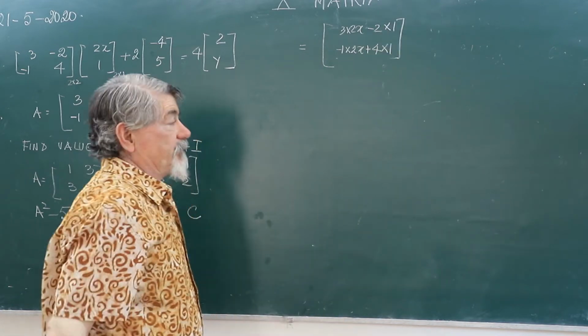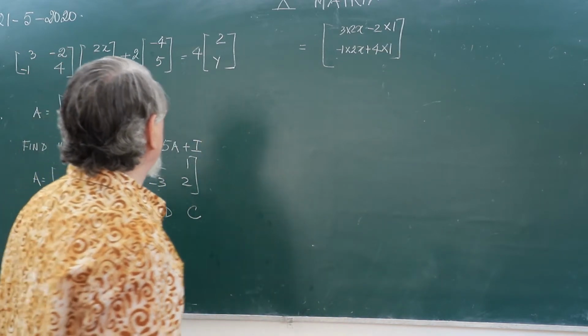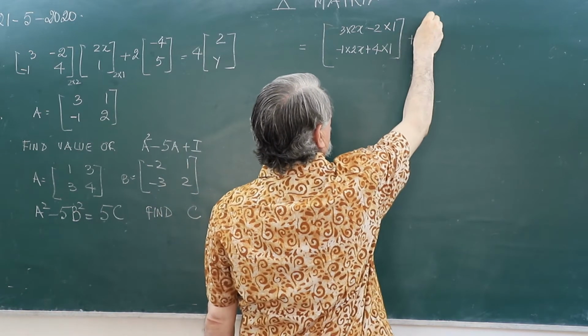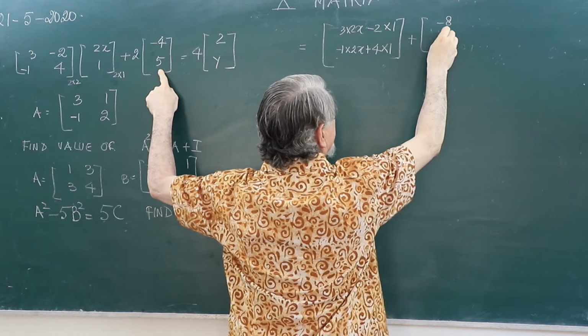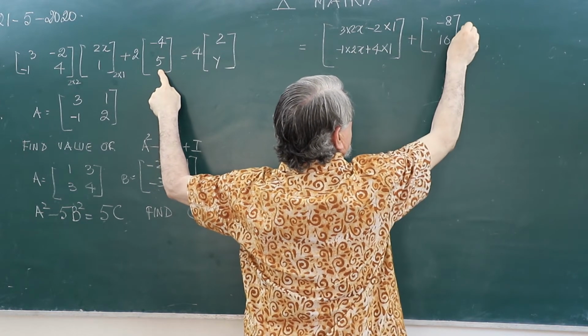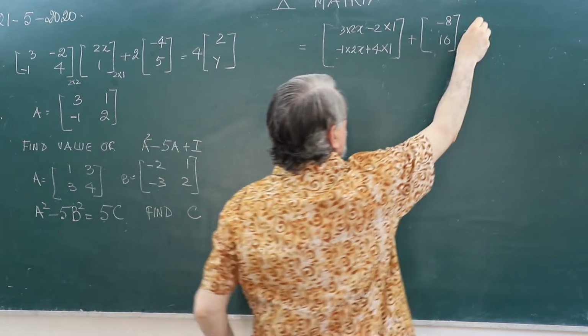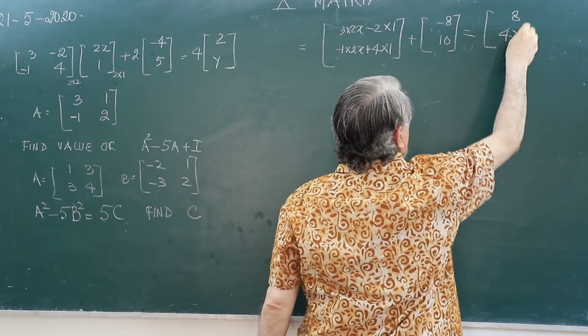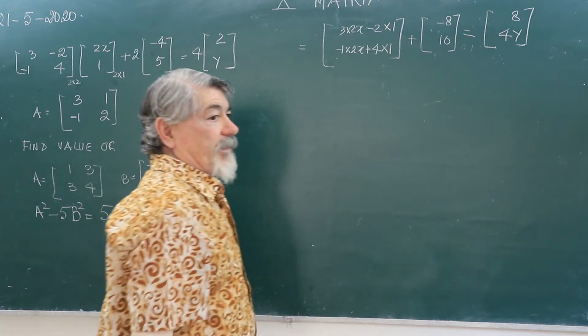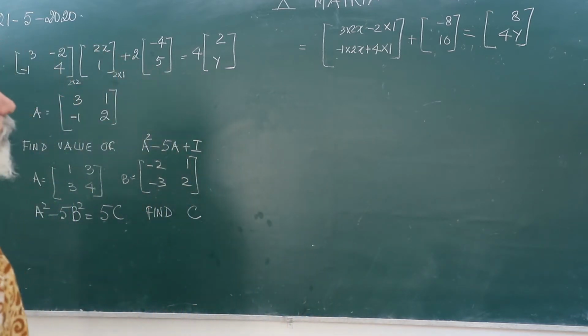So we get this matrix. Then plus the matrix 2 into 2, minus 4, 2 fives are 10, is equal to 4 twos are 8 and 4y.